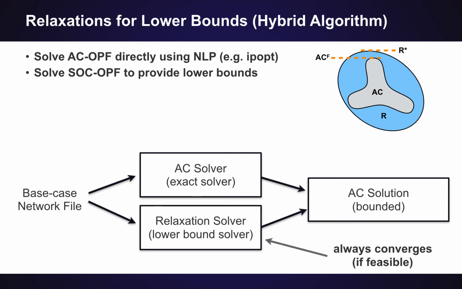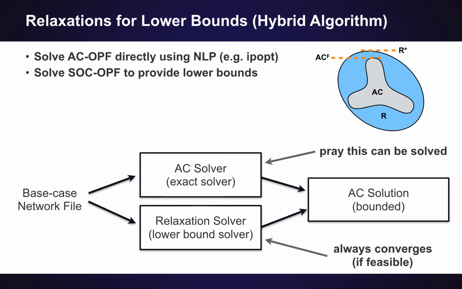On the lower side, it always converges and you always get a lower bound if the problem is feasible. On the upper side, you're just hoping that it converges to a reasonable solution, or that it converges at all. It may come back and say, no, I wasn't able to find a solution, and then you're out of luck at that point.